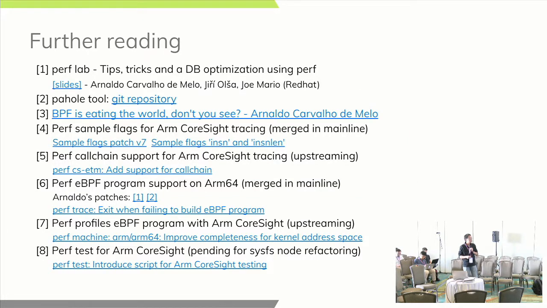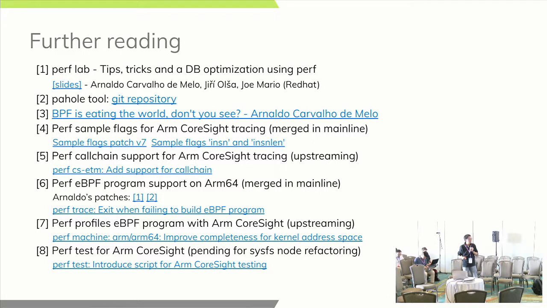Here is a summary of the current status. The perf sum flag has been merged in the mainline kernel. The CoreSight support is now being upstreamed. For perf eBPF program support, some minor fixes have been merged into the mainline kernel.